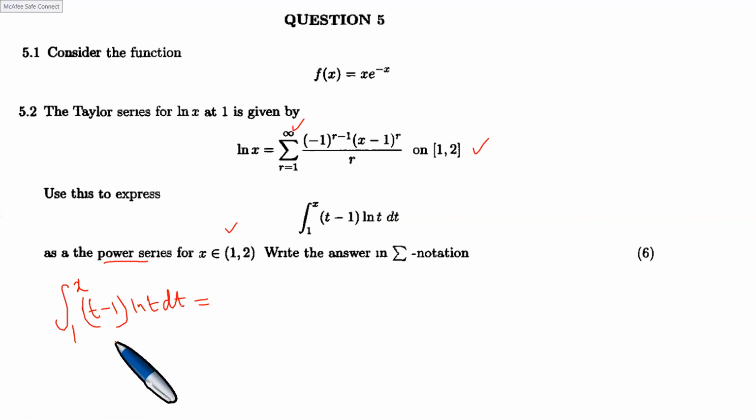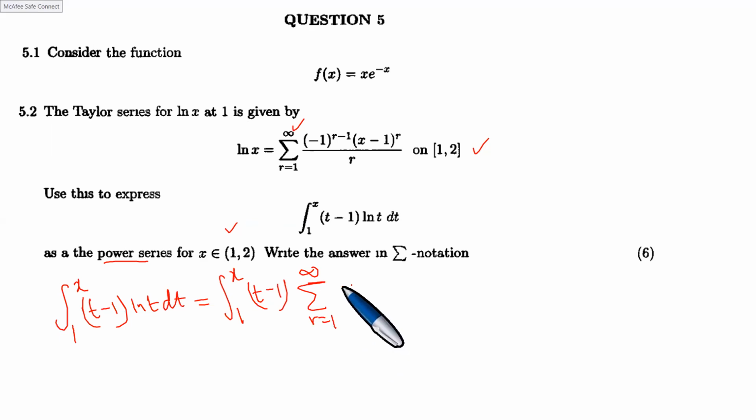What is ln t? So you need to continue and write here 1 to x. Then you have t minus 1. And now you need to put this here, ln t. Wherever there is x, you put t. That will be the summation.